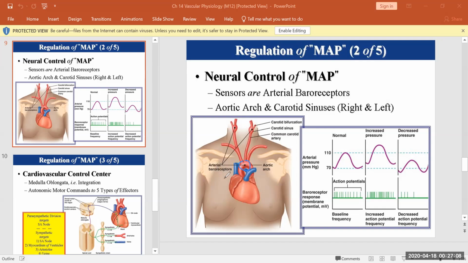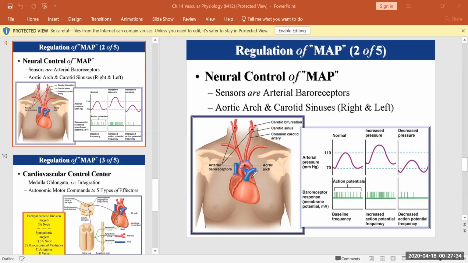So they are basically receptors sensitive to pressure fluctuation, pressure changes, right? Arterial is because they are located in arteries as opposed to capillaries and veins. That's why we call them arterial baroreceptors. So one of which is located in the aortic arch.